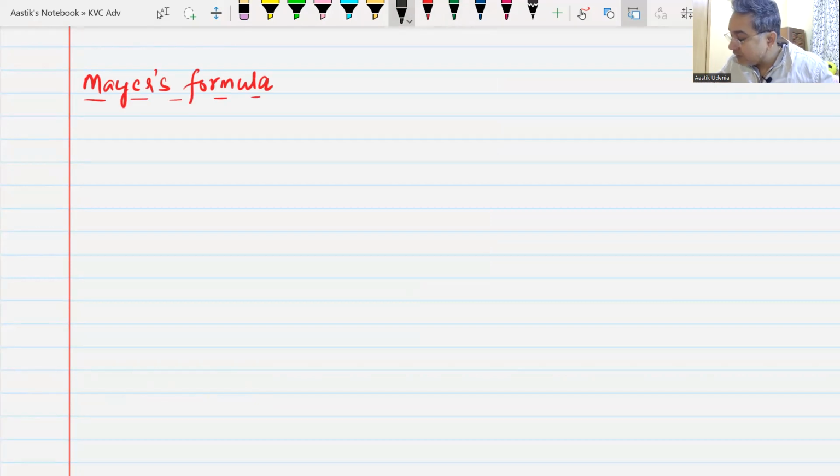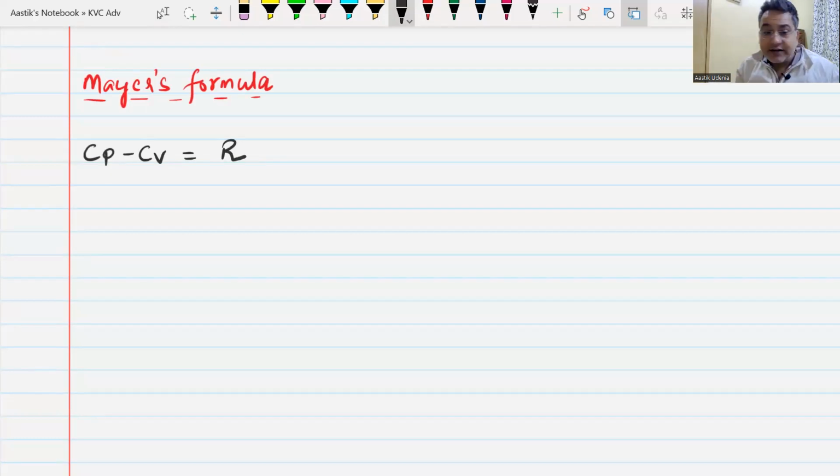Mayer's formula is very simple. Cp minus Cv is equal to R. That formula is known as Mayer's formula. Cp minus Cv is R. That is one formula that you have to remember.